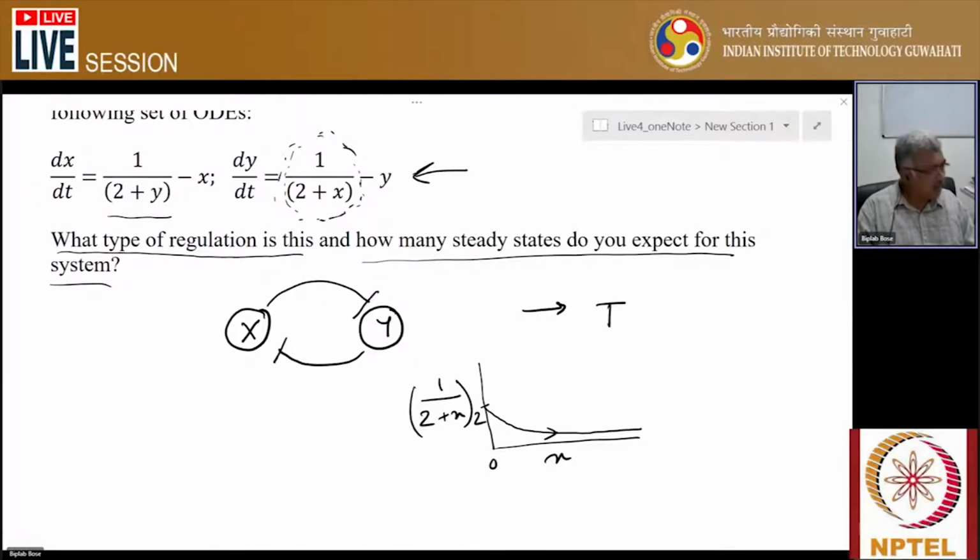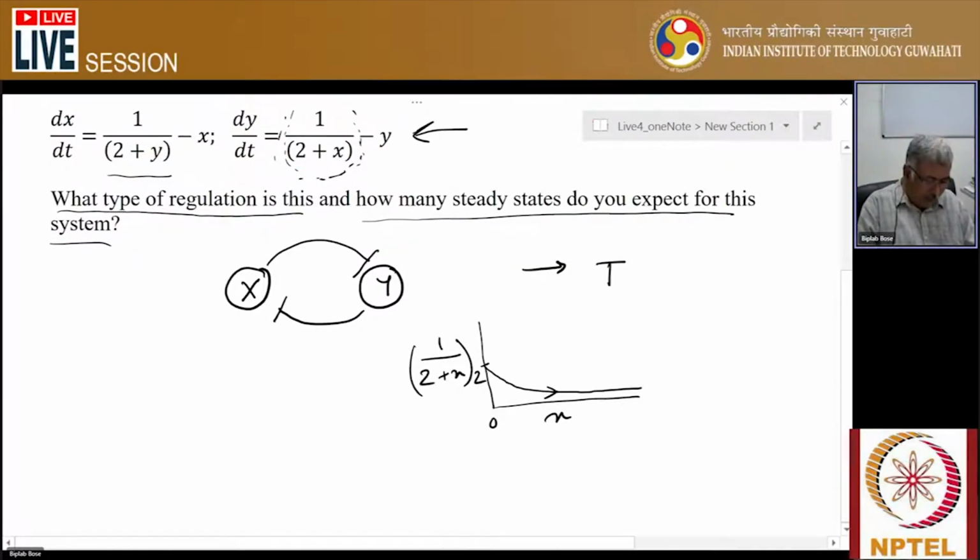So Sriram, will you still call it negative feedback? Negative feedback is when I have a molecule A which tells B you get activated, and B says back to A you get inhibited. This is negative feedback, right?